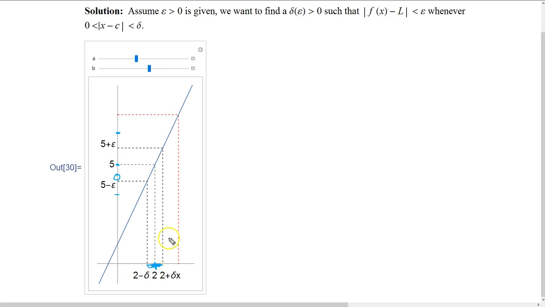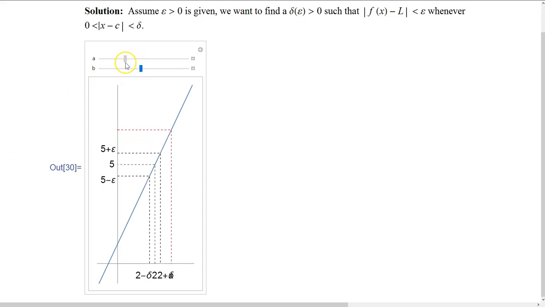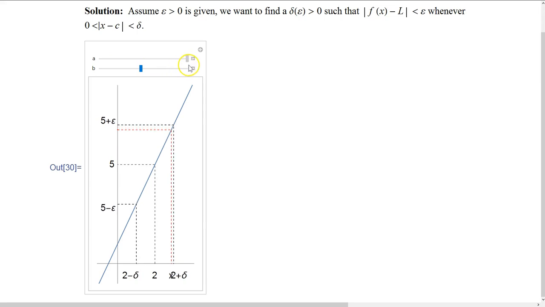So that as long as I pick x in there, the f(x) values are staying between 5 minus epsilon and 5 plus epsilon. And we can see graphically that no matter how small I make epsilon, we're always going to have that delta neighborhood around 2. Alright, now notice one other thing. Why did we get epsilon divided by 2?